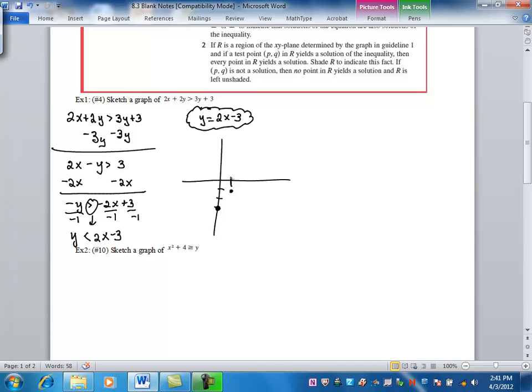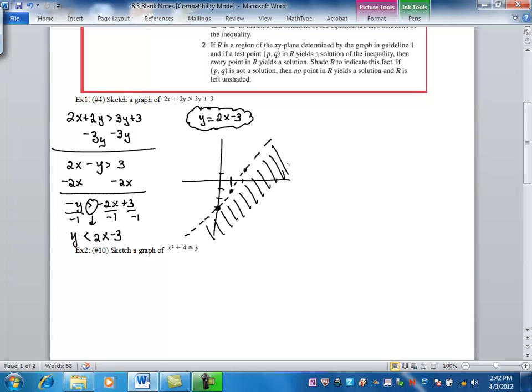Now we can go once again up 2 and over 1 more again. What you'll notice is this is a less than. With less than, if you'll remember, when we graph a less than or a greater than, we need a dashed line. And if it's less than, we're going to shade below the line.